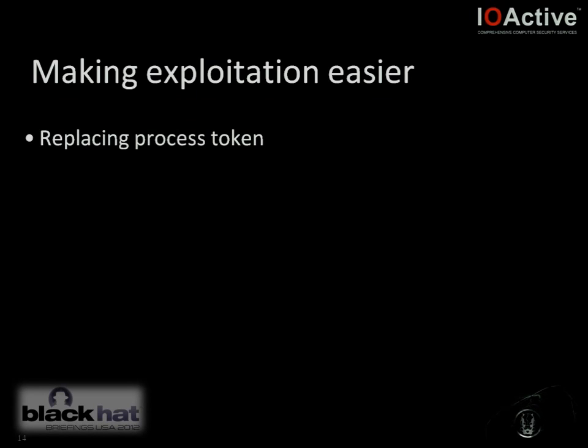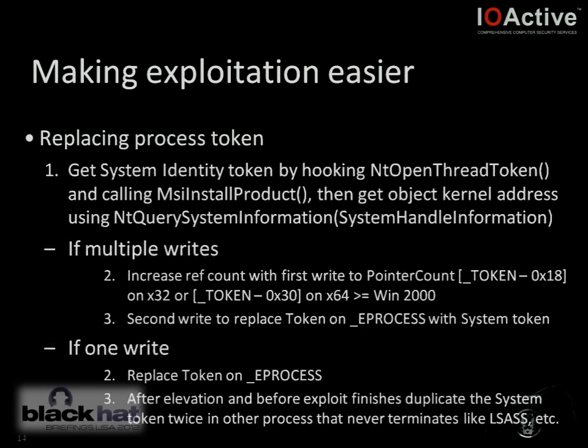And I found out something interesting: when you are replacing the primary token of a process, Windows doesn't check if the token you are setting there is an identity token, a primary token, or an anonymous token. Windows doesn't check that. It just checks the privileges that are present in the token. So it's very easy to get a system identity token.